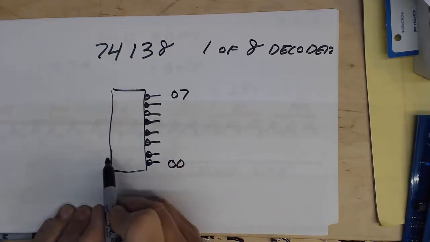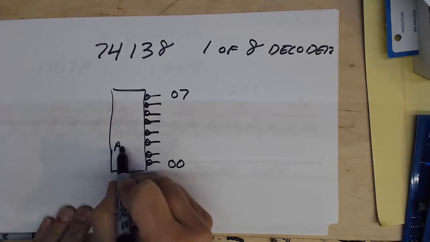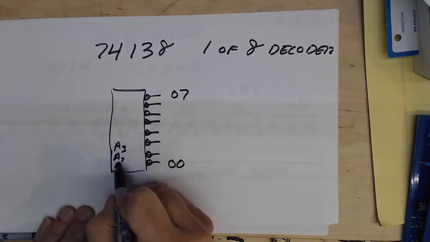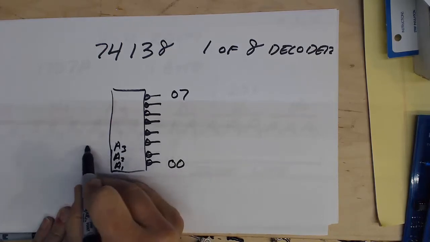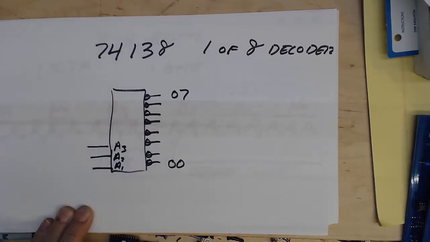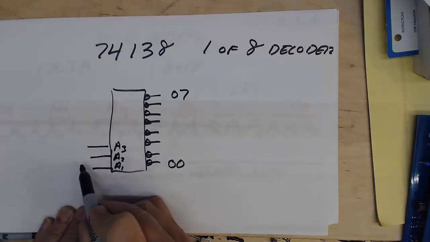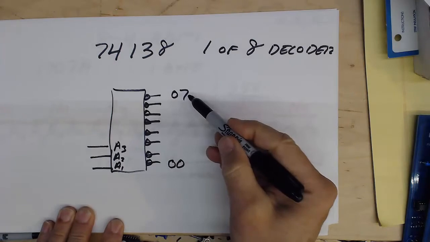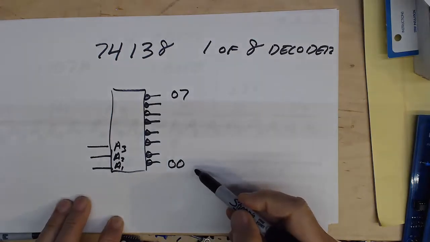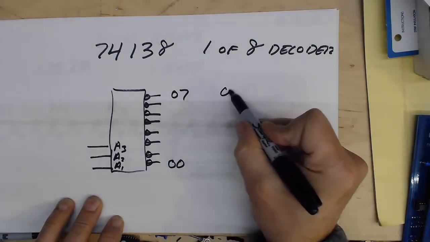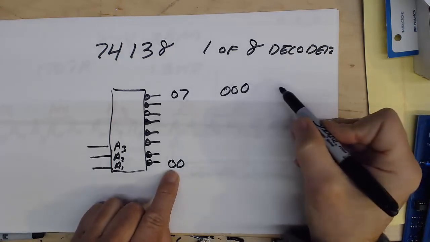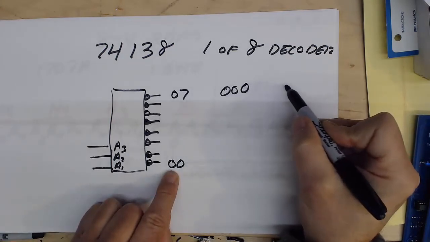The way we pick which one is low is we have 3 address inputs, A2, A1, A0. But at any rate, these 3 addresses decode, and only one of these is going to be low at a time. So for example, if we put in 000, then output 0 is going to be low.